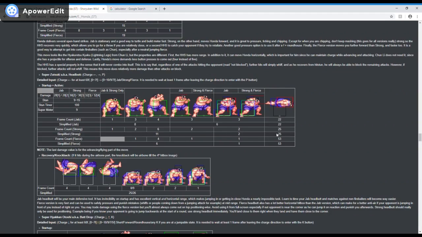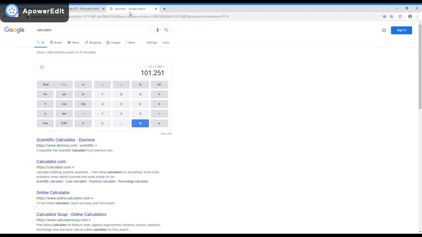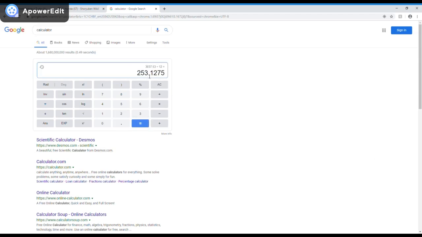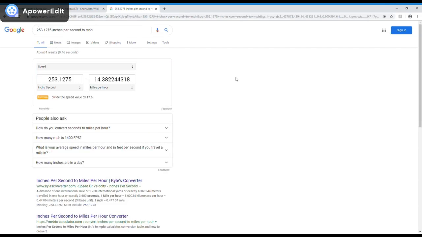So that's how far he travels in inches. Then we can take the startup of that move, 13 frames. His move is active for 12 frames. We can divide by the frames per second, 30, and divide by how long the move is active, 12. That gives us how many inches he'll travel per second.